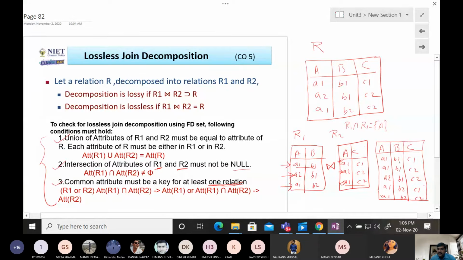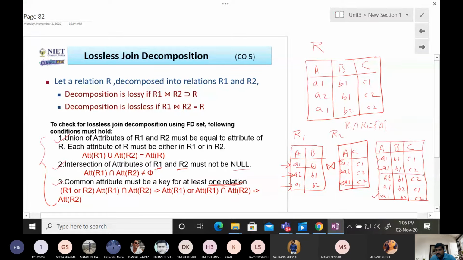Now see, in this result, after performing the join operation, we get 5 tuples. But in original R, there are only 3 tuples. So this is in the result, then A2 B1 C2 is also in the result, then A1 B2 C2 is also in the result.